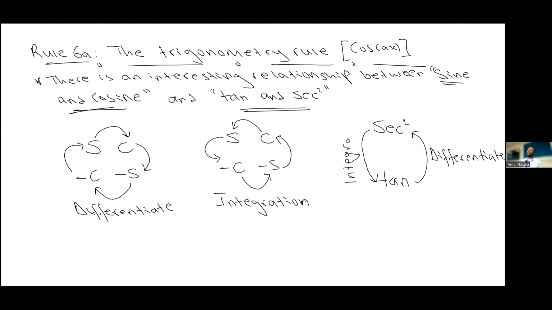Are you seeing it? So that is the relationship. So tan and sec squared, the same thing. When you differentiate tan, you get sec squared. And when you integrate sec squared, you will get tan. Also, for integration and differentiation, the same thing: when you go clockwise, you are differentiating, and when you go anti-clockwise, you're integrating.